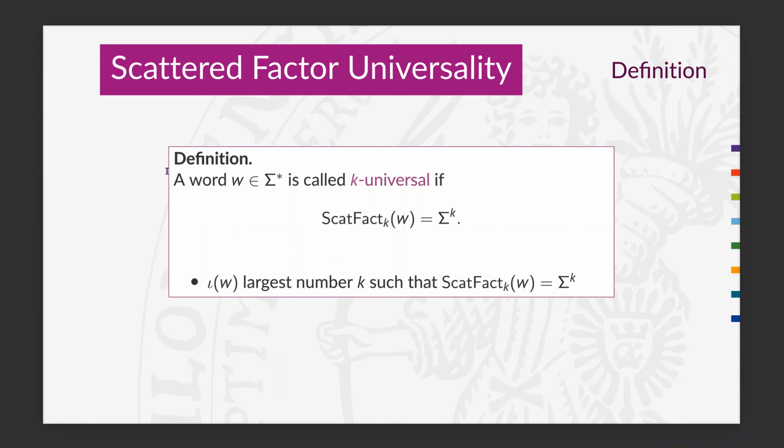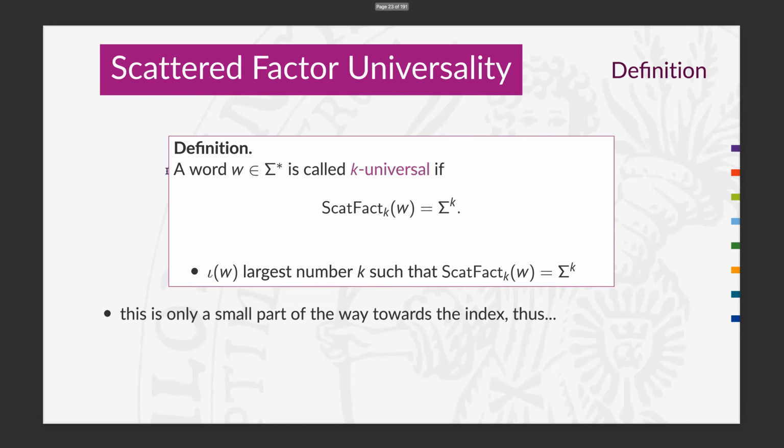So we renamed it to universality, also motivated by this universality problem. And the largest number k such that I find all words of length k as scattered factors is denoted by iota of W.